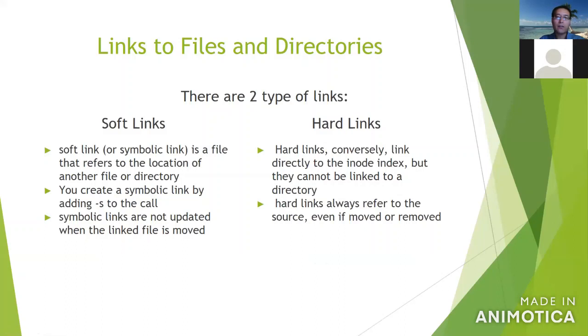To link files and directories in Linux, you can use two kinds of link, soft link and hard link. No matter whether soft link or hard link, you use the ln command.